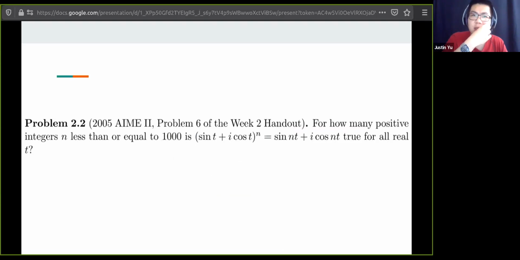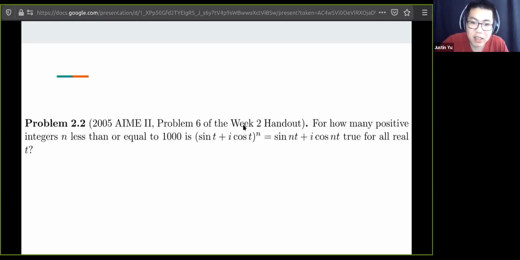So just as a precursor, does this remind you of anything? No, you got the name right. De Moivre's theorem. I don't know how to pronounce it. So DE space MOIVRE.